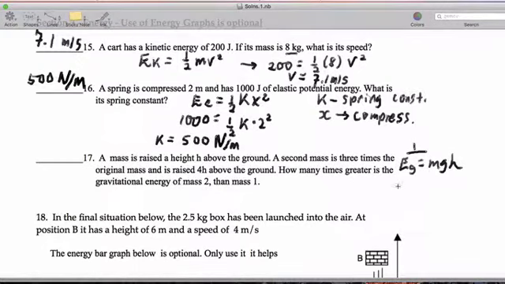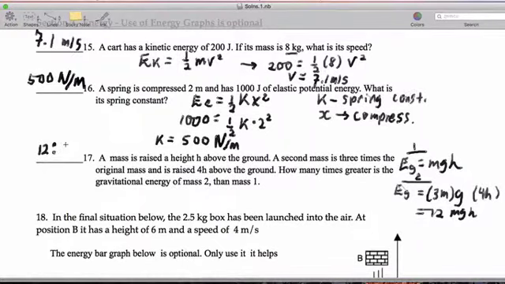Now, mass 2 has 3 times the original mass, and it's 4 times the height. So what that tells us is that we get 12 mgh when we compare. So the ratio is going to be 12 to 1.